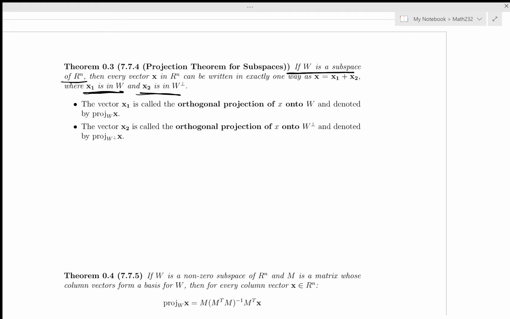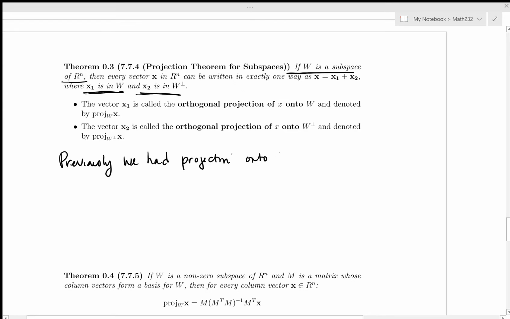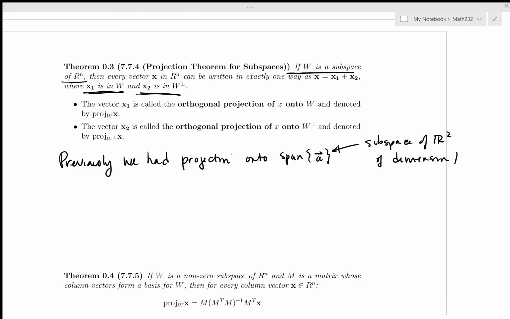Previously we had the projection onto the span of A, where A was a vector. Now, this is a subspace of R2 of dimension 1. Now we are projecting a vector onto a subspace that might be 2 or more dimensions.